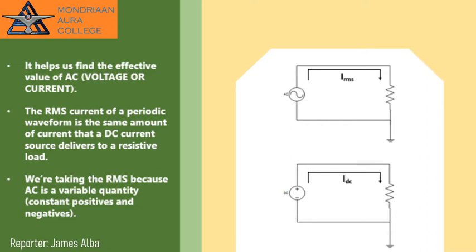In other words, the effective value is an equivalent DC value, which tells you how many volts or amps of DC that a time-varying sinusoidal waveform is equal to in terms of its ability to produce the same power.